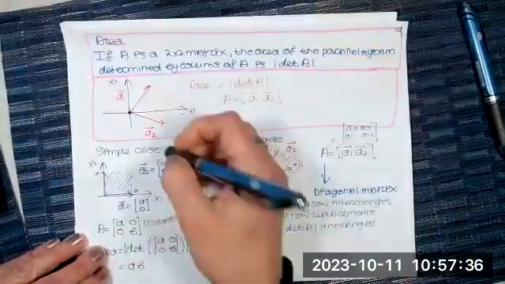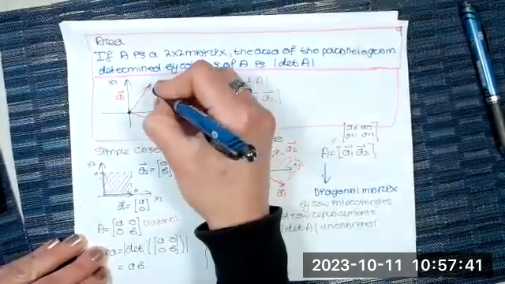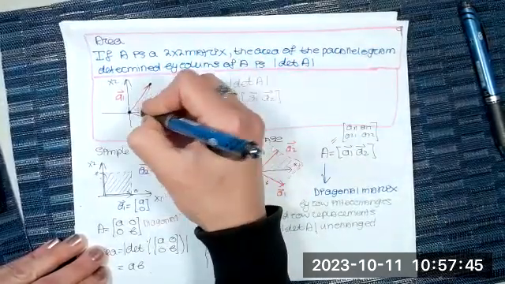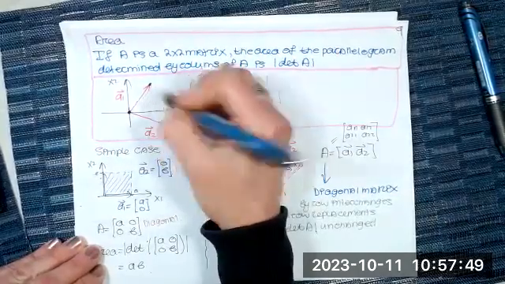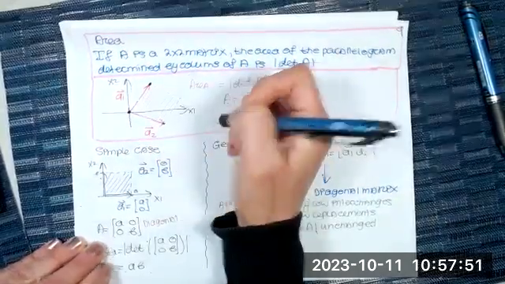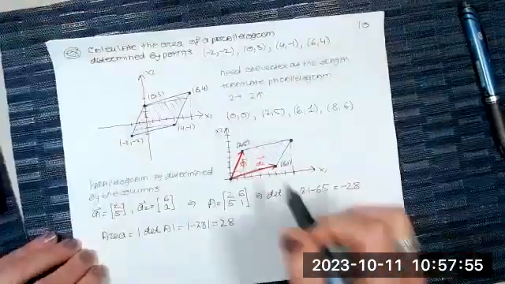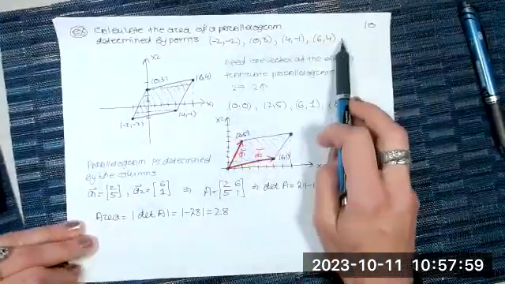I'm assuming that my A1 is basically the coordinate of this point here, so my vectors originate at the origin and go to the corresponding point. And so if I have a problem where I want to calculate the area of the parallelogram defined by those 4 points, right?